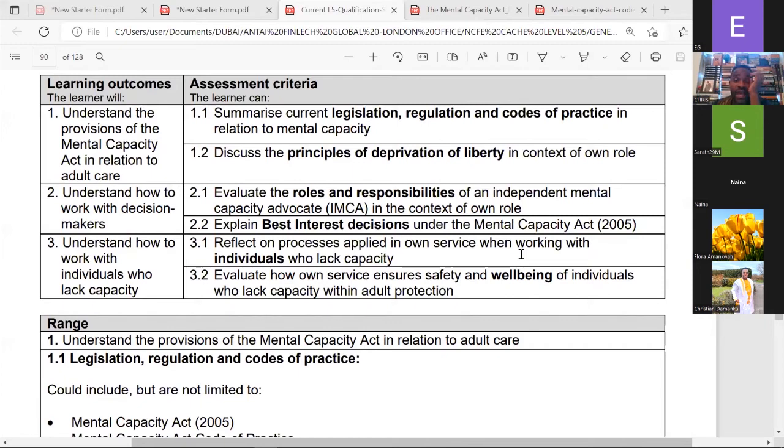Right, so we have only 6 questions for this unit, which are very, very easy and straightforward.